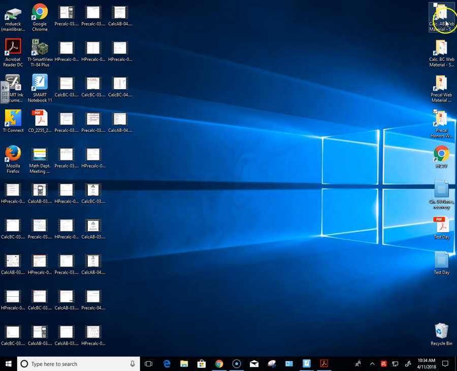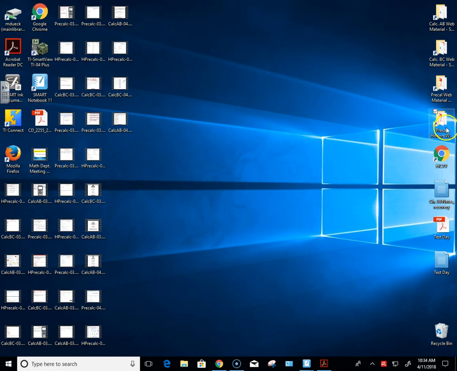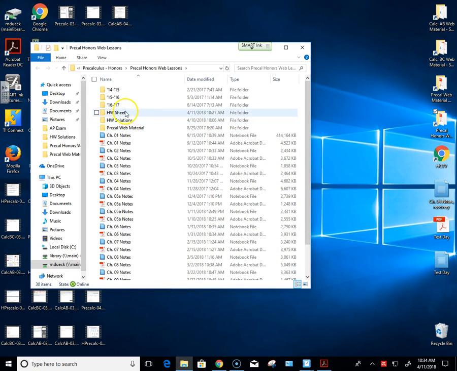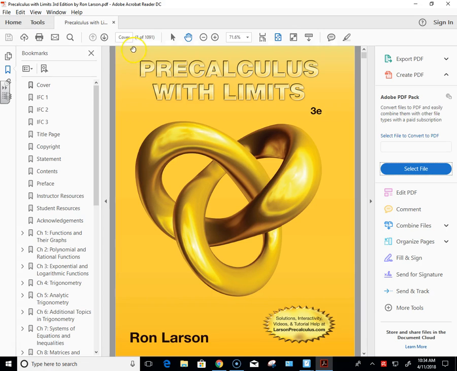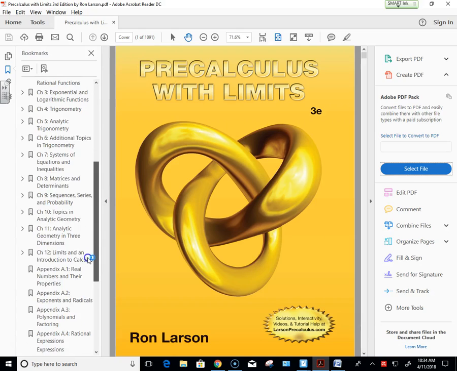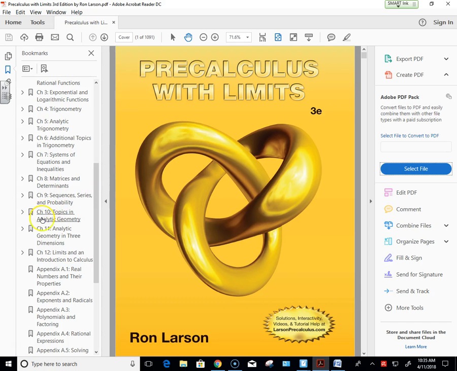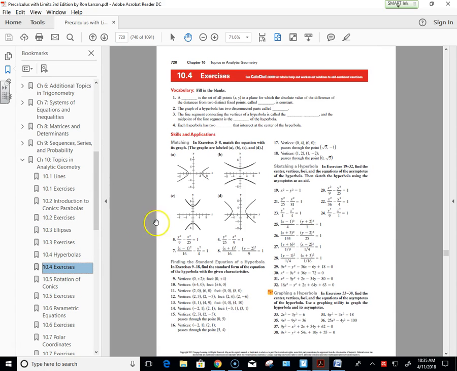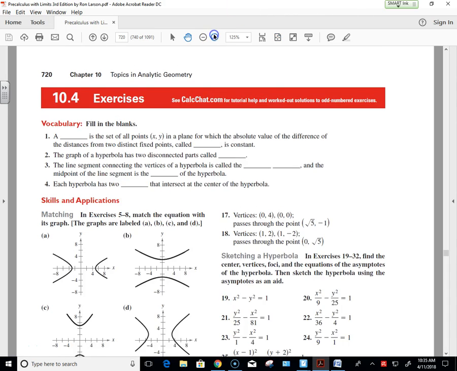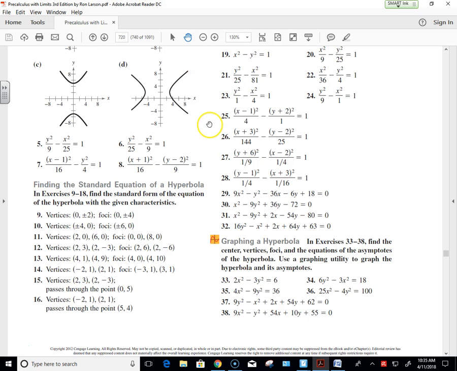I'm sorry, I had it and then I just closed it all out. Did anybody get stuck on anything in 10.4 yet? Number 13? Number 42?